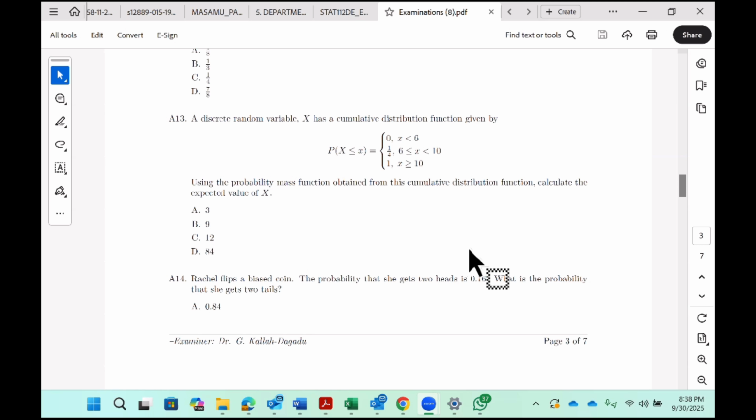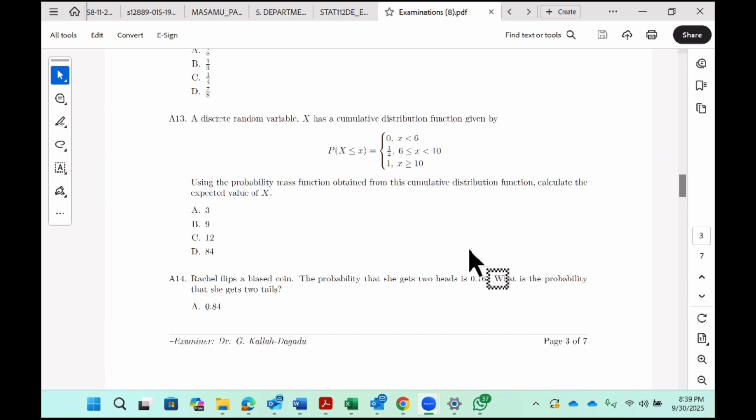So what you need to do is this. Get your probabilities. Your values are between 6 and 10.